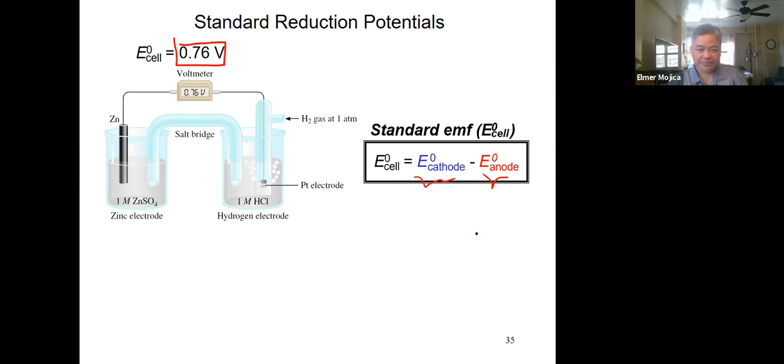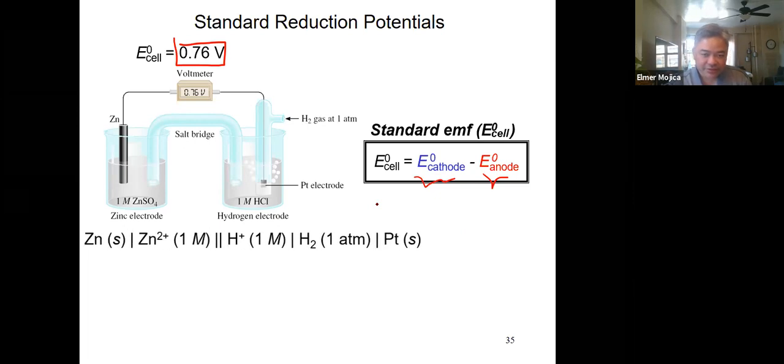So in the reaction that we have here, if we get the reduction potentials, we have zinc 2 plus plus 2 electrons producing zinc, and usually it has a potential of what? Negative 0.76.